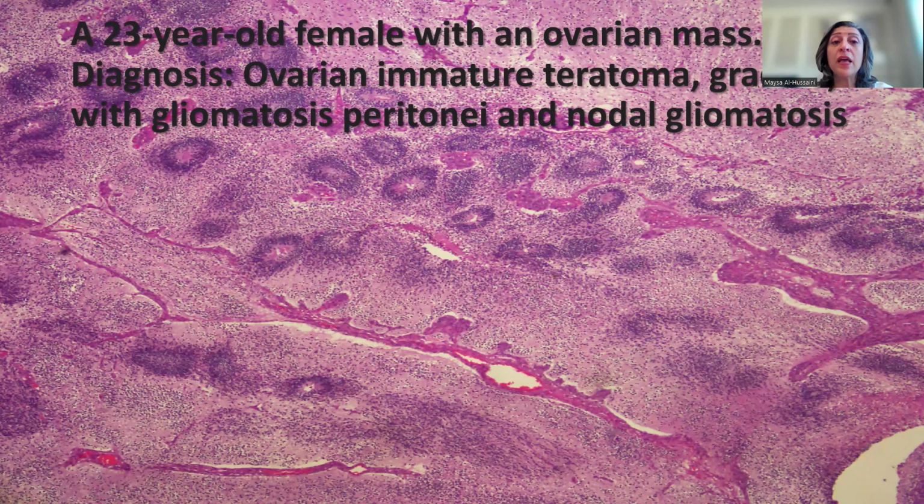However, remember that the grade for the gliomatosis, whether in the peritoneum or in the node, is grade 0. So although we grade the ovarian tumor according to the immature component, the gliomatosis peritonei and the nodal gliomatosis are given a grade 0. However, the stage is considered to be stage 3.